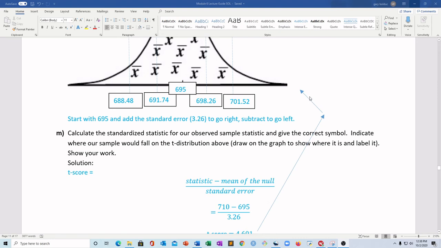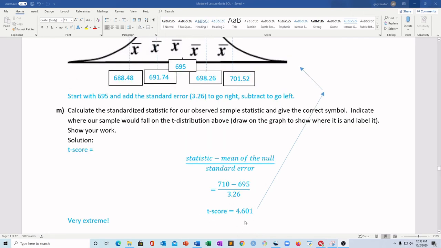That's very extreme. So very extreme, before, what did that mean? It meant, okay, let's throw the null out. No way. We should think we've got evidence for the alternative. And if you go back and look at how you interpret a t-score this big, you'll remember the cutoffs were: if you're inside -2 to 2, then we say the null is plausible.